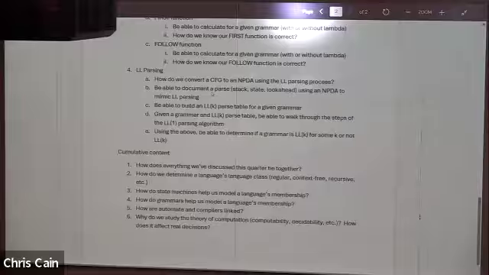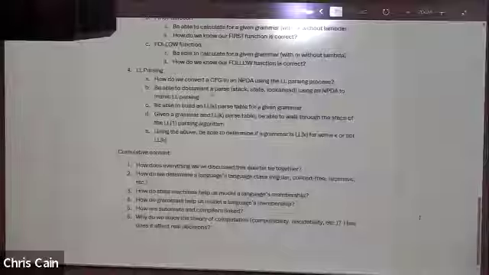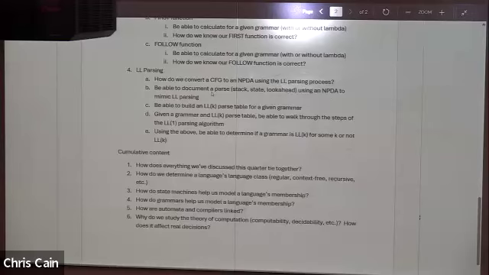Given that you have a grammar and a parse table, be able to walk through the steps of the LL1 parsing algorithm. As part of this, be able to show when there was ambiguity in your process. So when did you have to choose between a shift and a reduce? It wasn't really a reduce, that was LR, but a kind of a shift or an expansion.